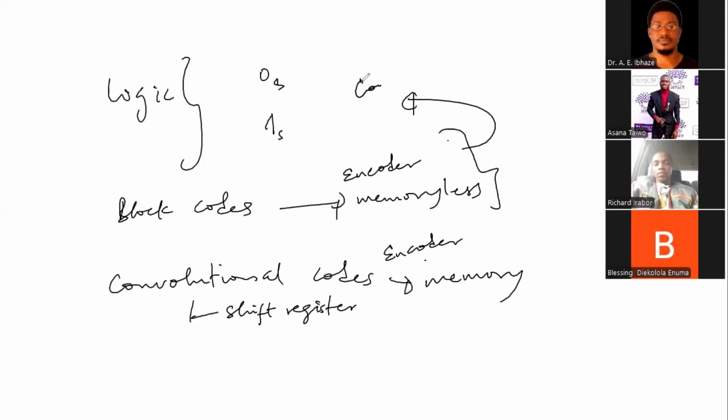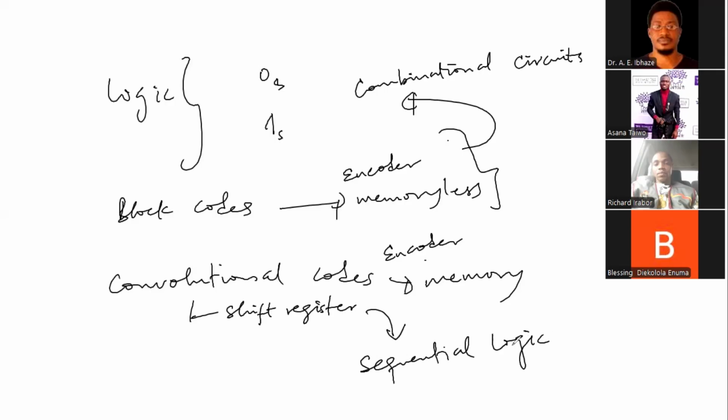We use combinational circuits, where we don't have memory. For the shift registers, we now have to use sequential logic, right?